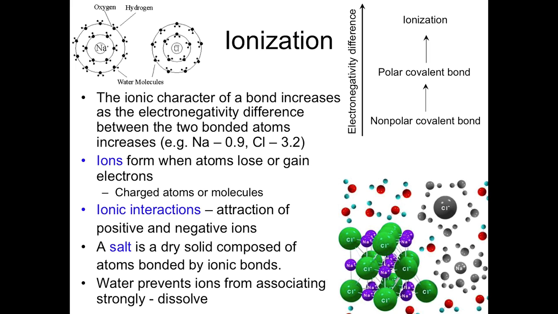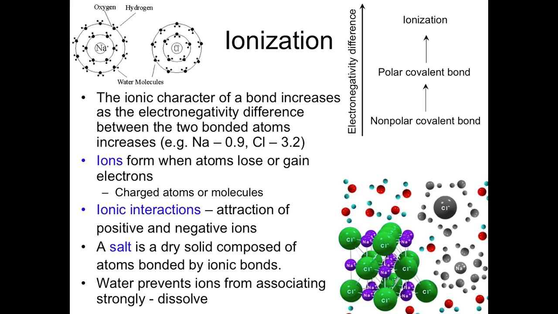You have the attraction of the negative to the positive. But because in an aqueous environment, you always have the partial charge of the hydrogen, the partial positive of the hydrogen is always going to be attracted to that full charge of the negative ion, and the partial negative of the oxygen in the water will always be attracted to the fully positive charge of your cation.